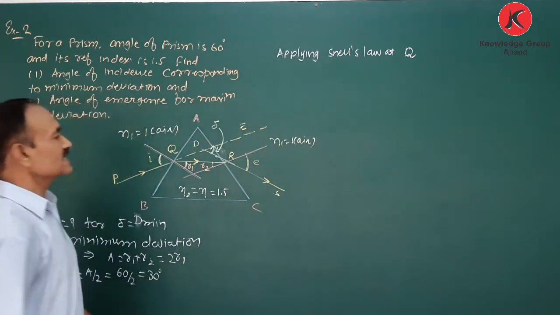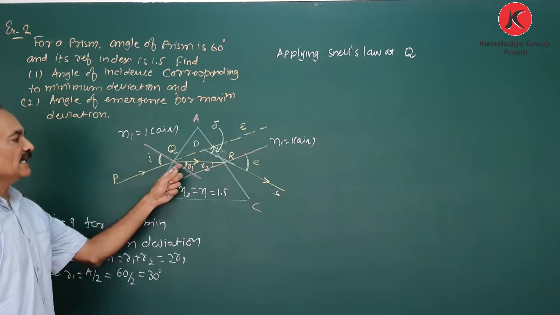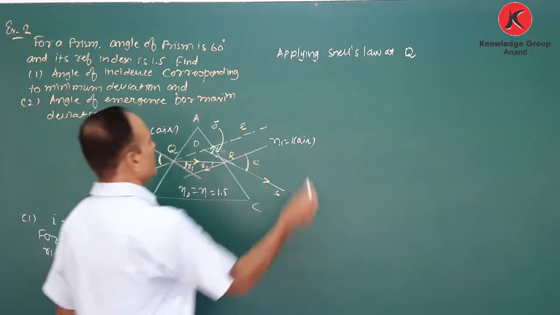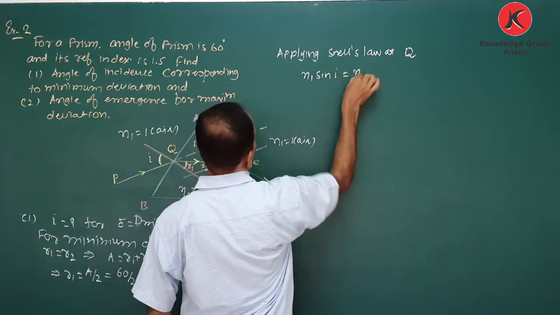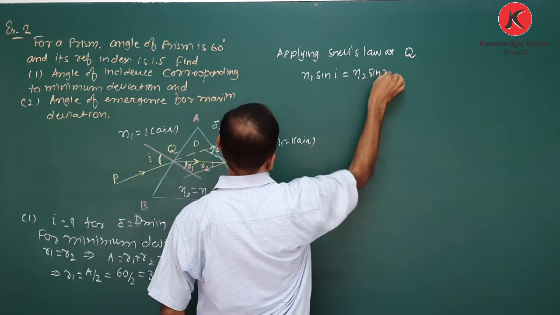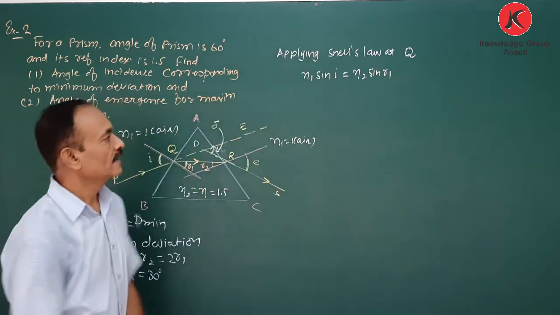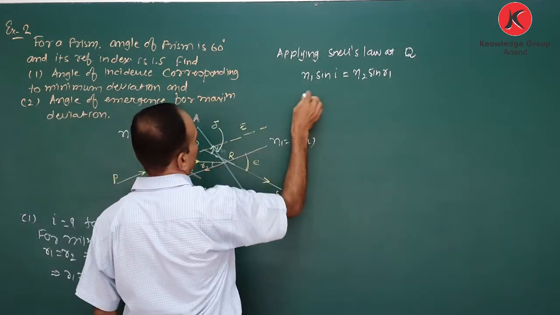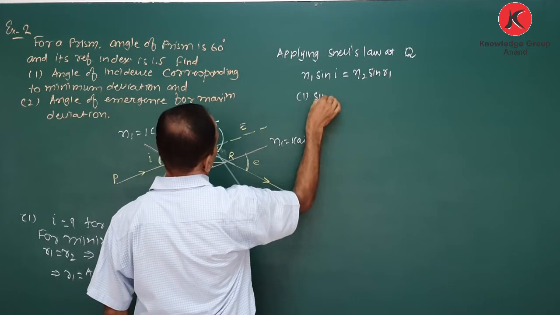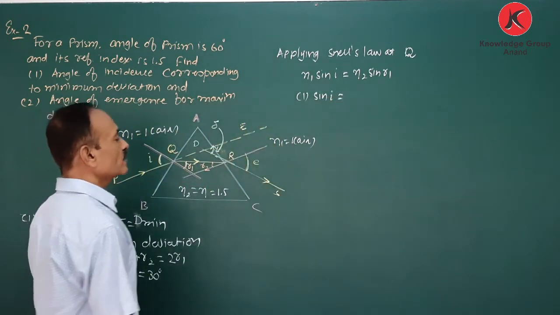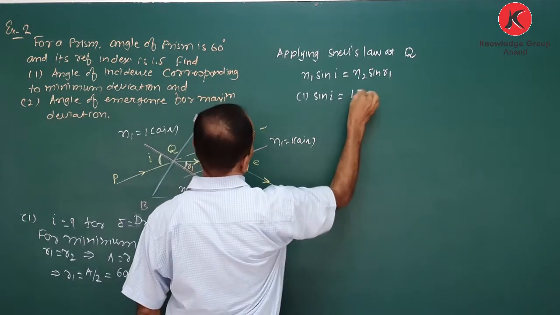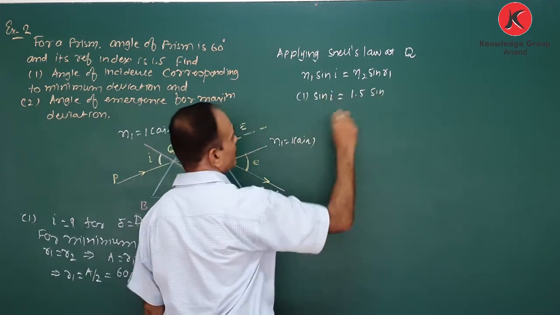So we are applying Snell's law: N1 sin I is equal to N2 sin I1. Now N1 is equal to 1, sin I is equal to N2, N2 is 1.5, sin I1.